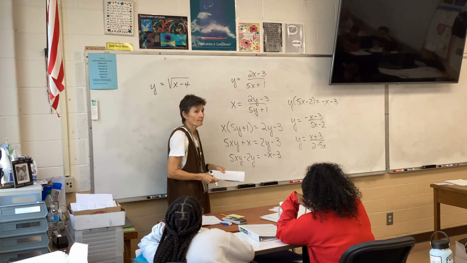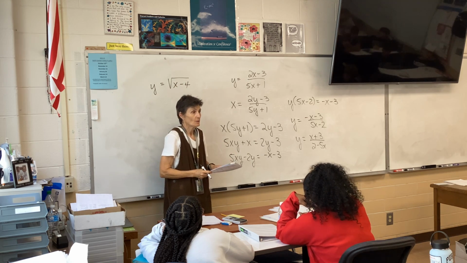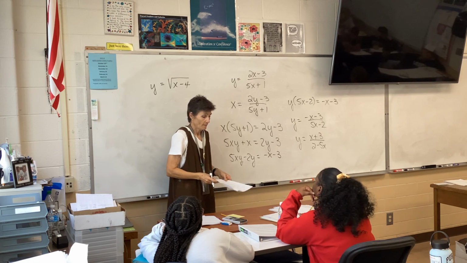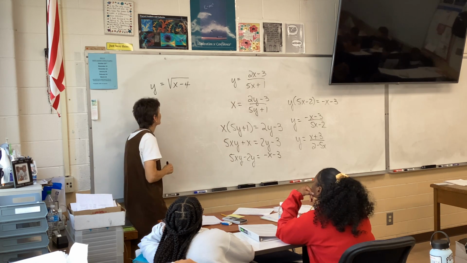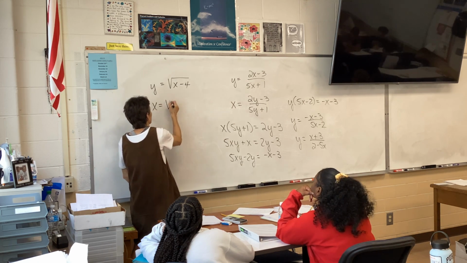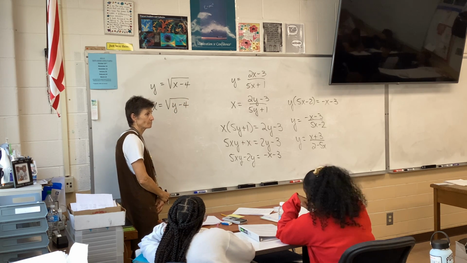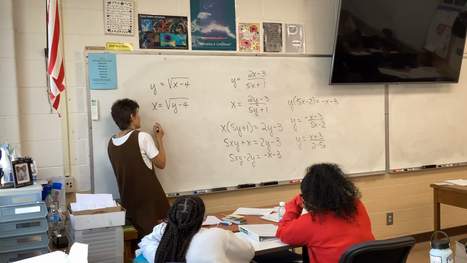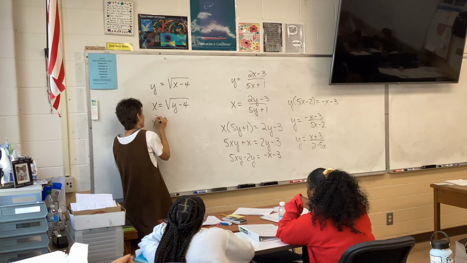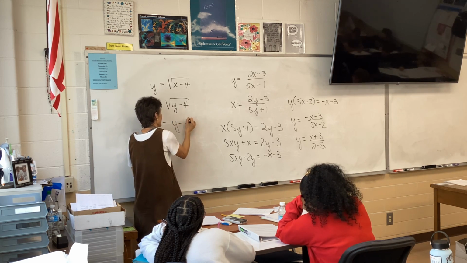Anybody have a question about it? No? All right, what do you think about this one? Well, I'll switch the variables, I can do that. Now what? Square both sides. So then I would have x squared equals y minus 4.